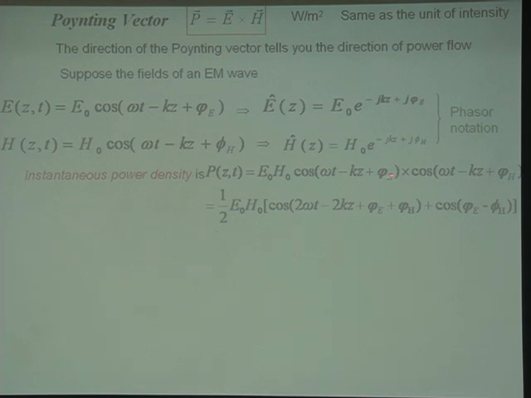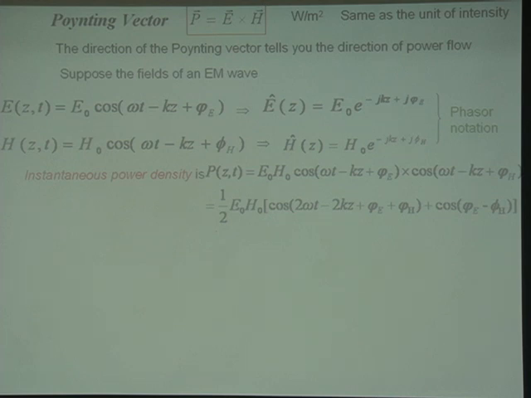In the lecture notes this is written as phi, so you need to fix it. So this is the instantaneous Poynting vector, your power density, and this multiplication can be decomposed into two terms summed together. One is a function of time, and one has nothing to do with time.